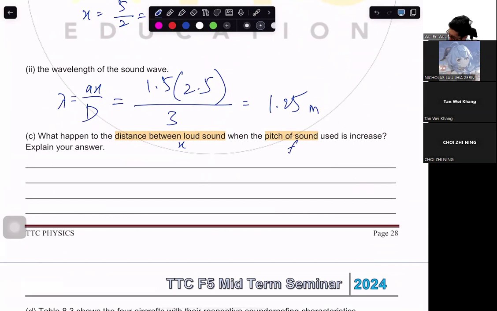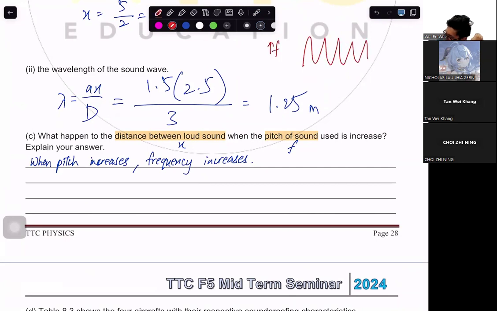So you say, when pitch increases, frequency increases. Now, don't know whether you know this or not, but frequency and wavelength are reversed with each other. Because this is high frequency, you can see the wavelength is short.